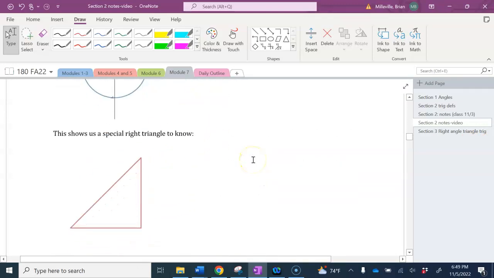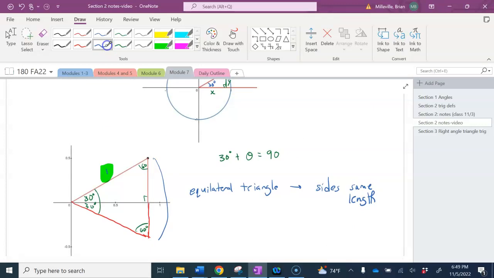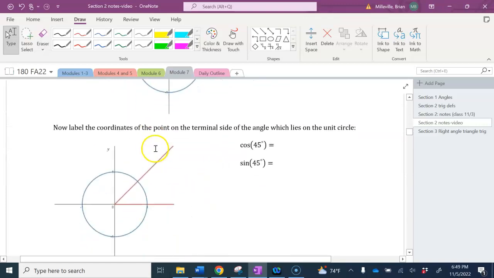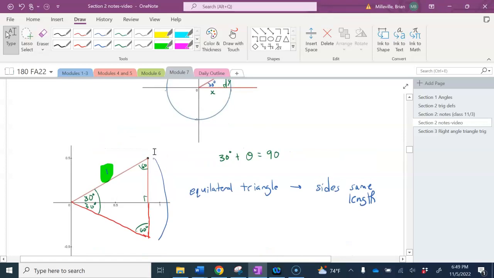Sorry about that, forgive me, it's jumping a little bit on me there. So when we reflect that down, we end up getting that triangle down below the x-axis.